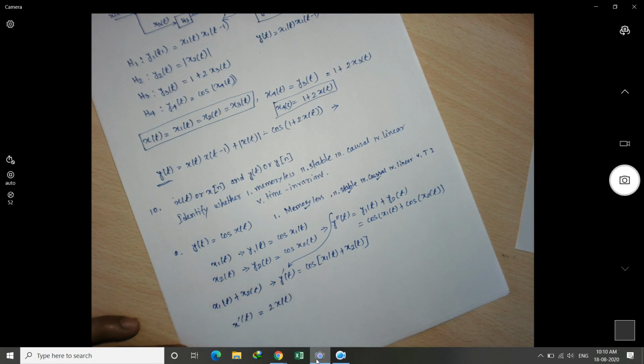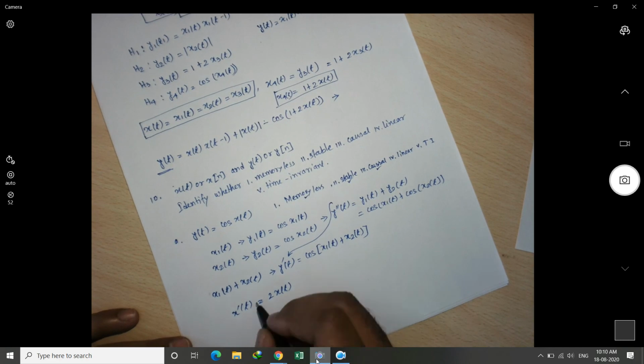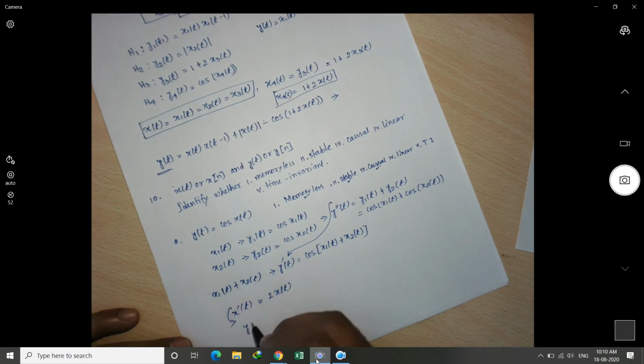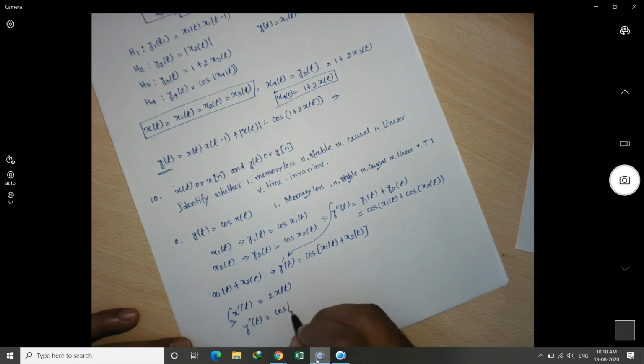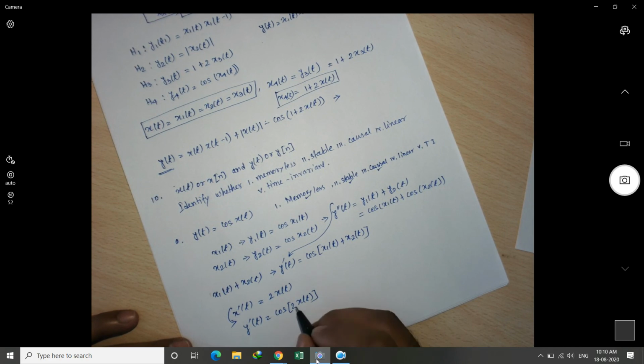So due to that, the output which we have been expecting, y prime(t), is cos of 2 of x(t). So whether this scaling factor will also be available at the output?